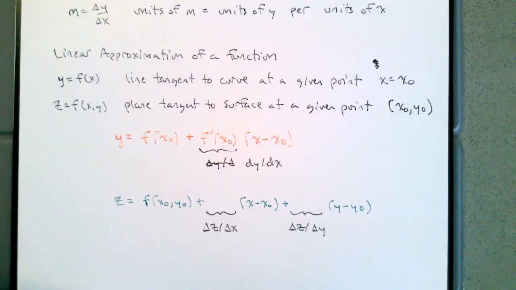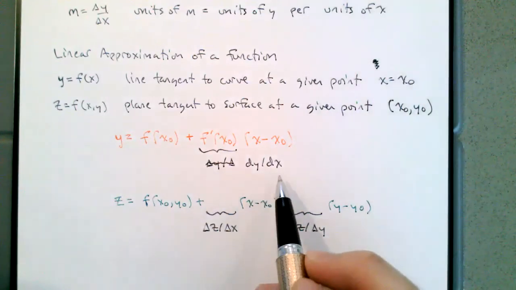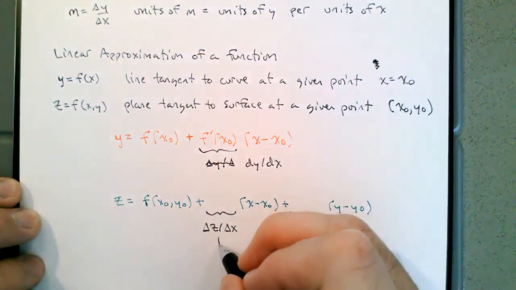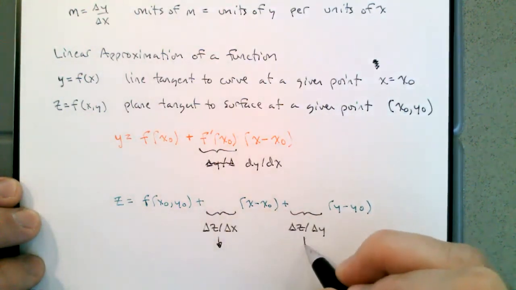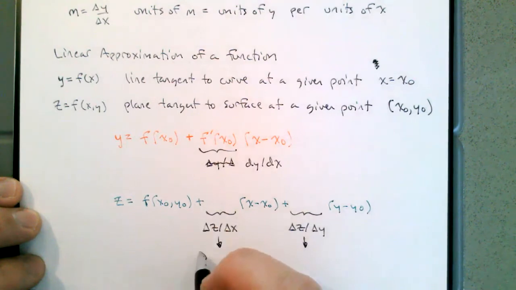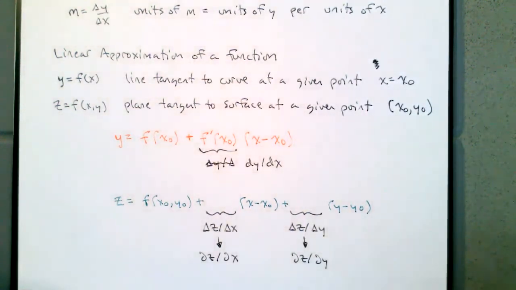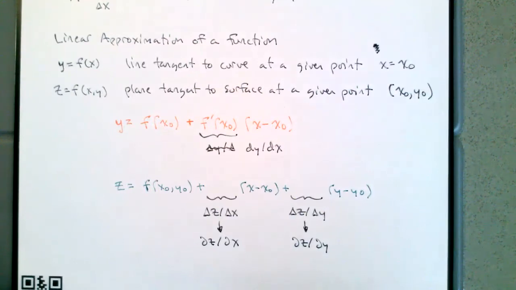These rates of change are going to be partial derivatives. So rather than dy and dx, we use a different looking d, but we still say dz dx. So these are going to be partial derivatives. Partial derivative of z with respect to x. And we use the funny looking d for partial derivatives.